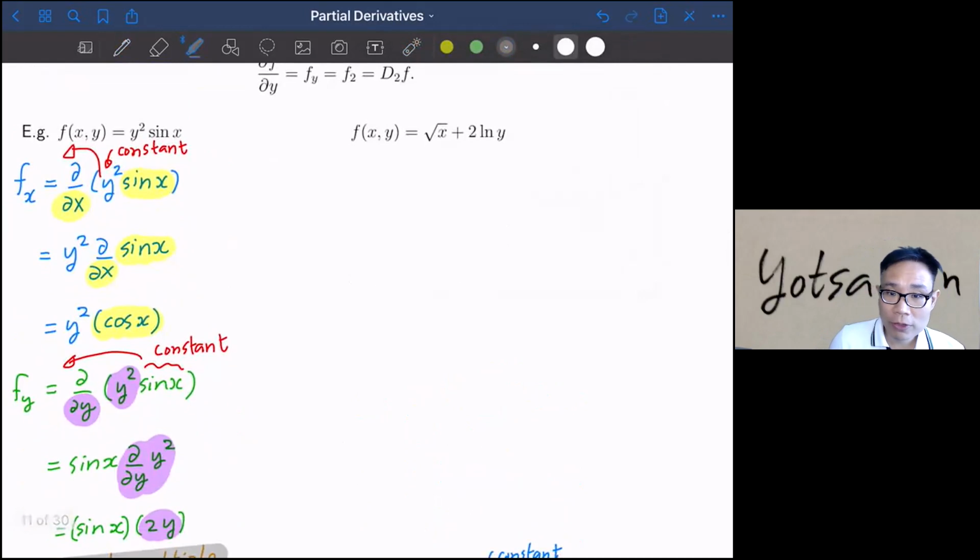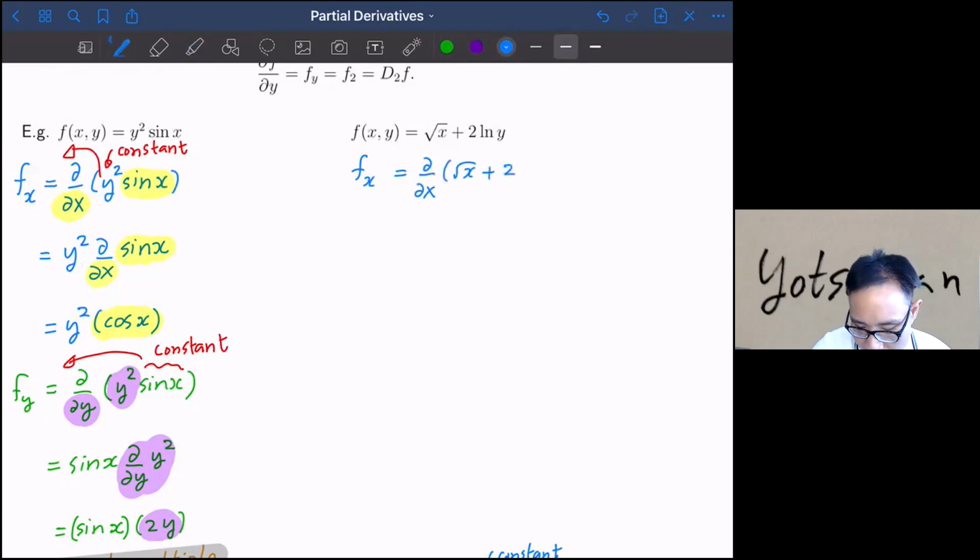So you have f(x,y) equal to root x plus 2 log y. If you would like to find fx, it's going to be d/dx of root x plus 2 log y, and you can just differentiate each term. Differentiating root x gives 1 over 2 root x, like we did last semester.